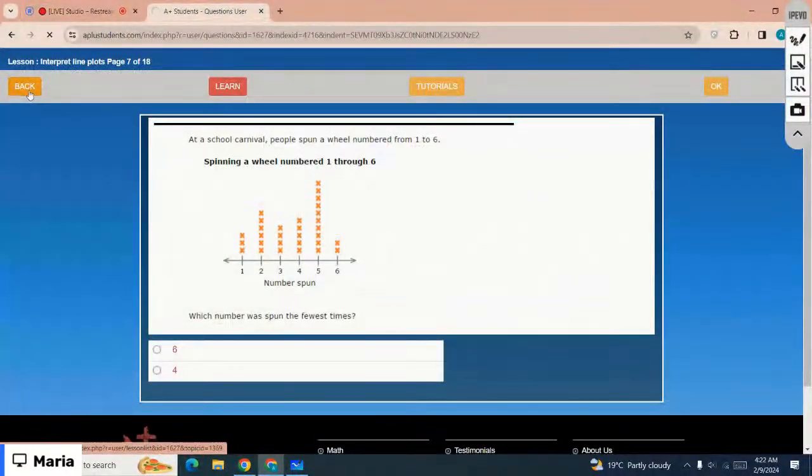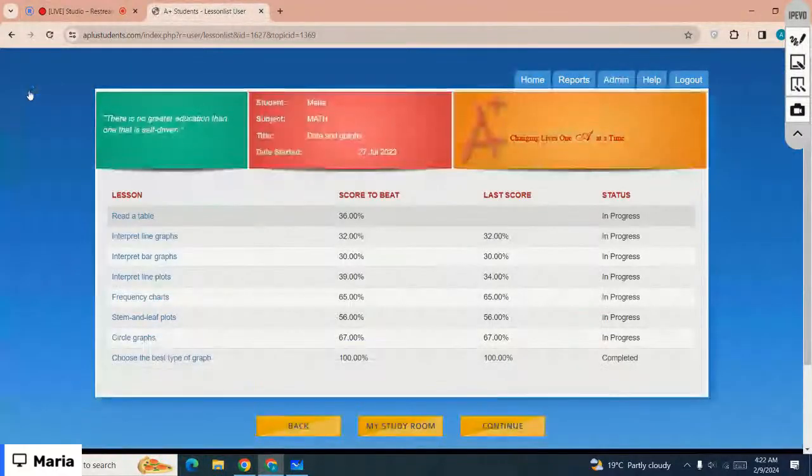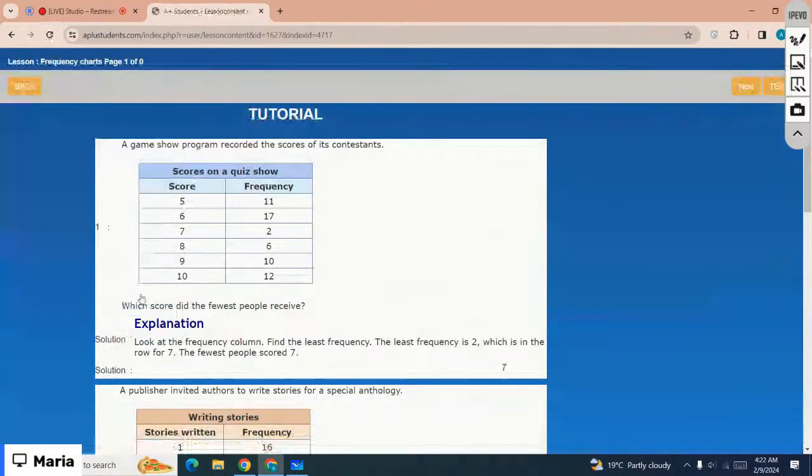And the next lesson is frequency charts. A game show program recorded the scores of its contestants.